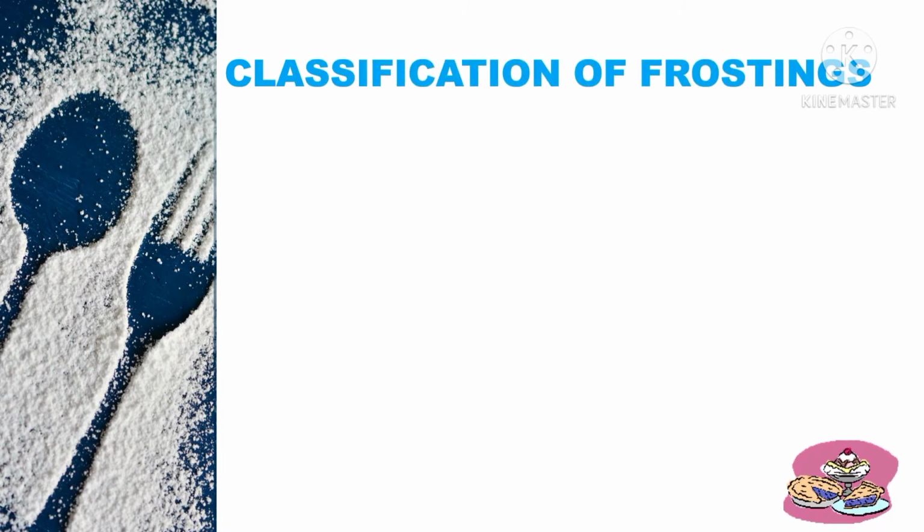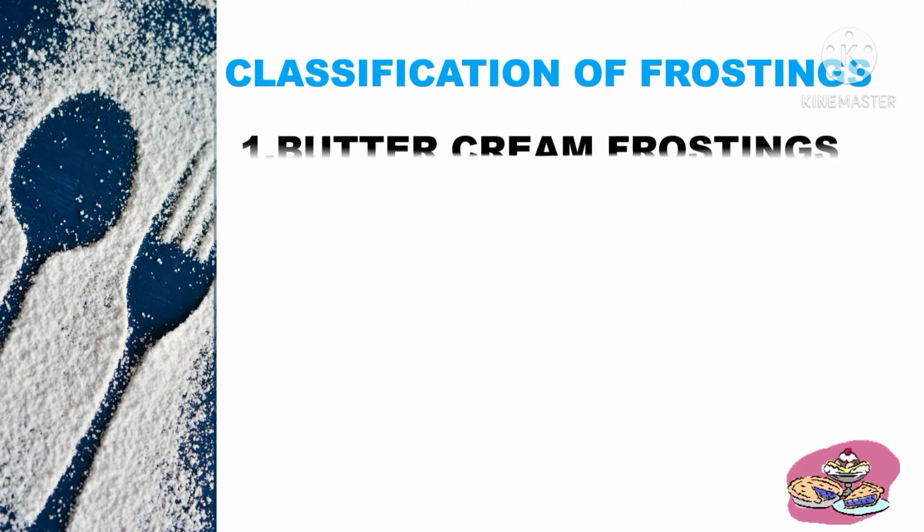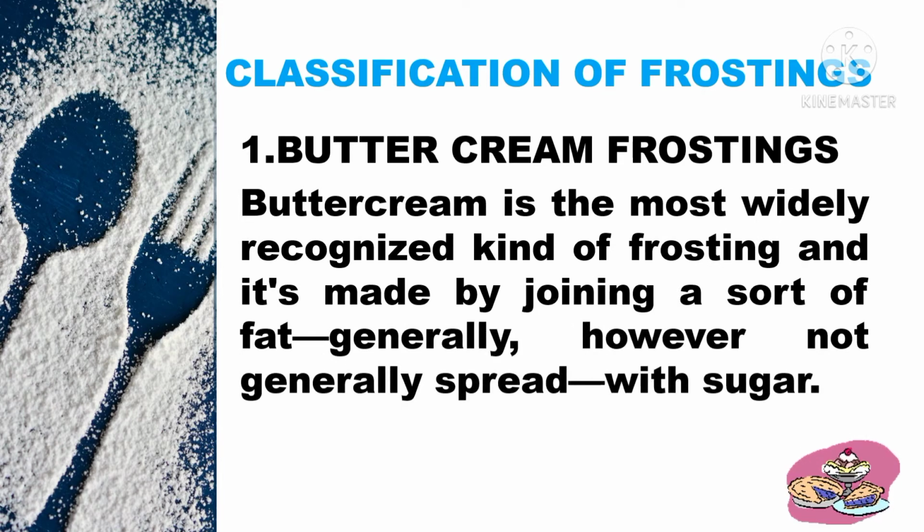We have here some classifications of frostings. Number 1. Buttercream frostings. Buttercream is the most widely recognized kind of frosting, and it is made by combining a fat, generally but not always butter, with sugar.